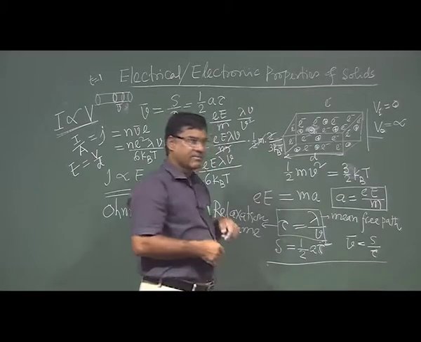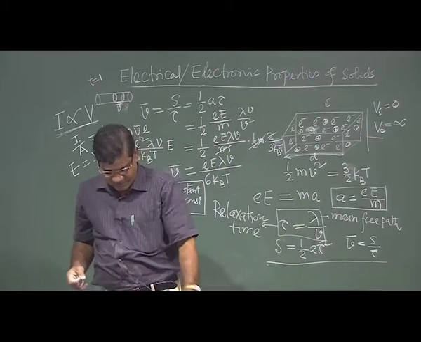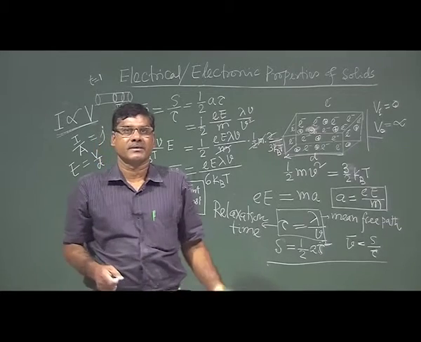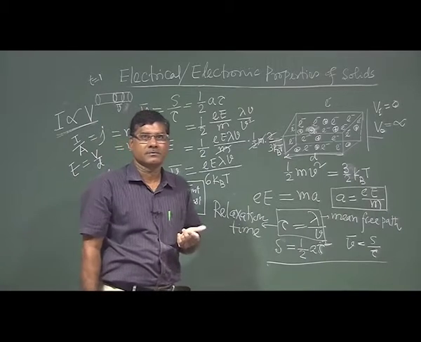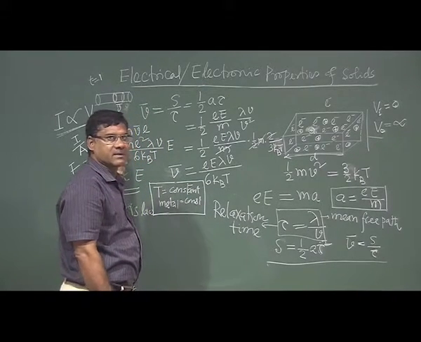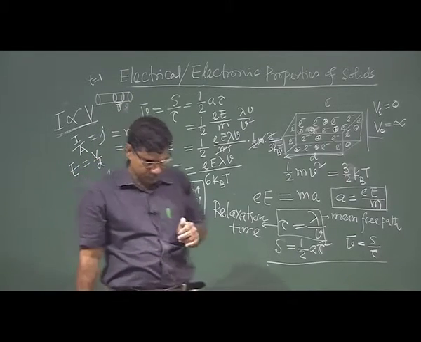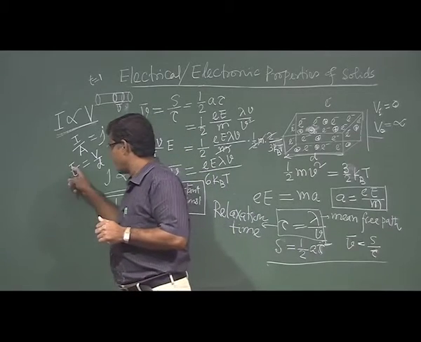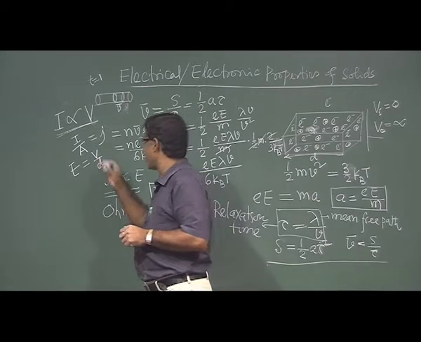So, electric field is the voltage per unit length, which makes it a more general term than the potential difference. Electric field is basically the potential gradient.